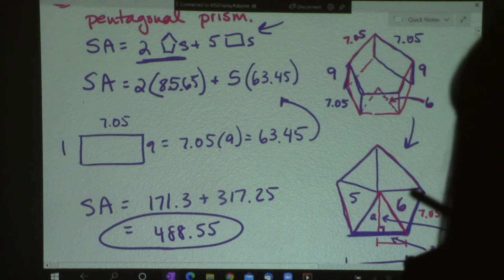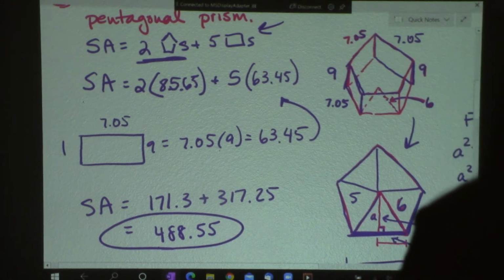That is my final answer. If I wanted to wrap up the pentagon into wrapping paper, I would need that much of it, 488.55. Okay? Like I said, pause it if you need to, rewind, do what you have to.